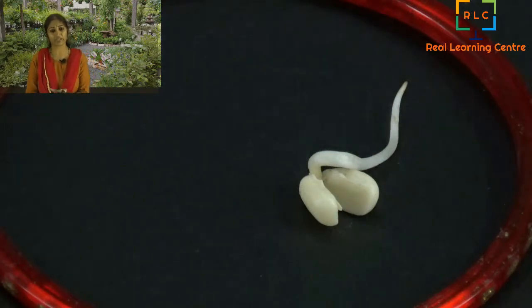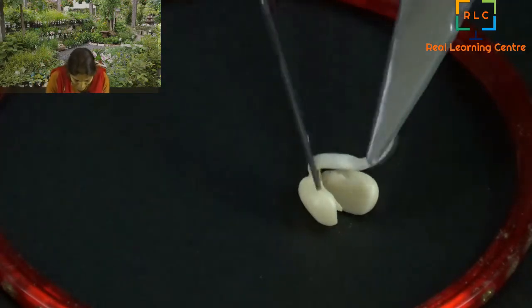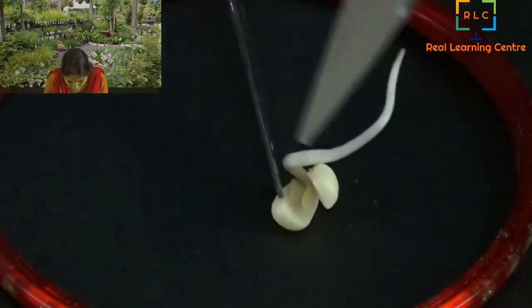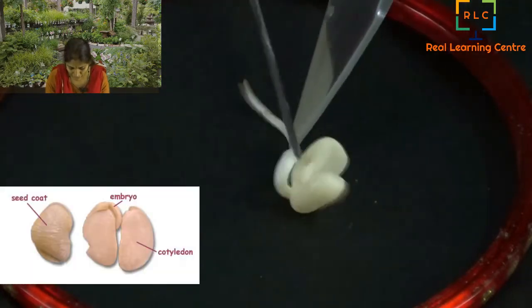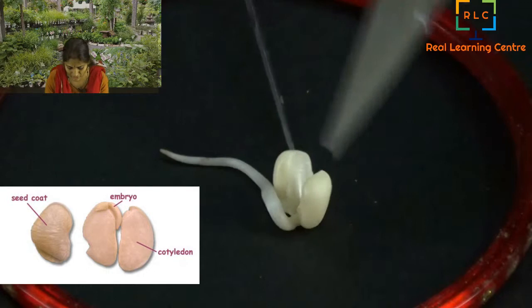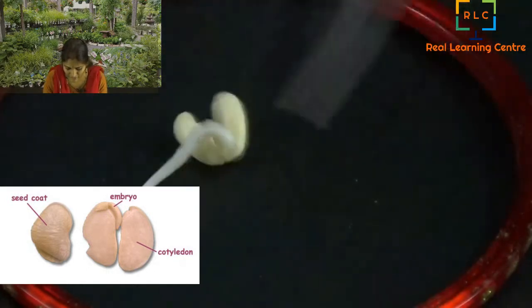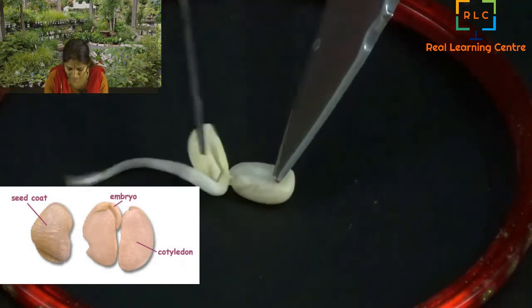Here you see two equal halves, and in between you see some structure that is growing. This is called the embryo of the plant.